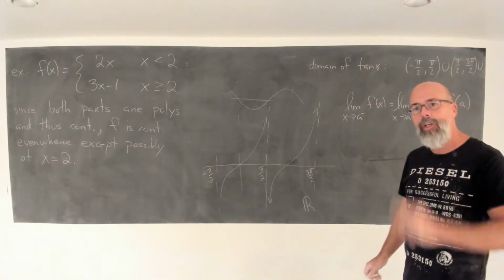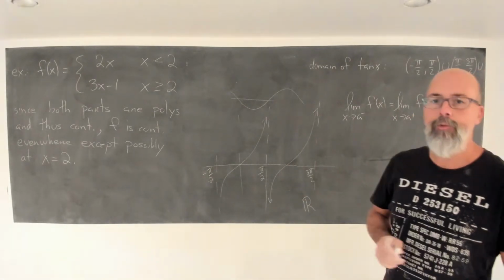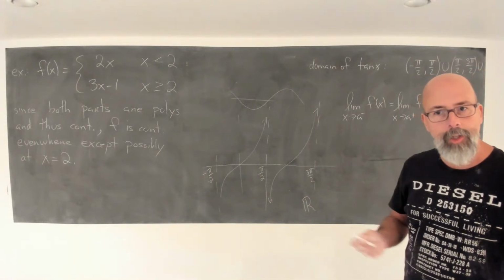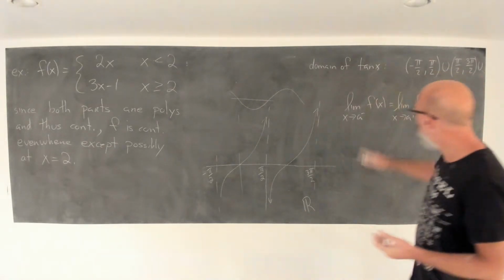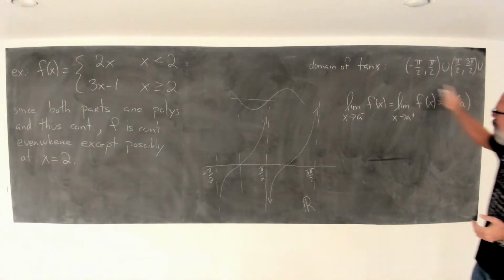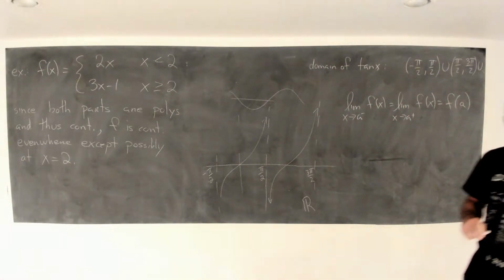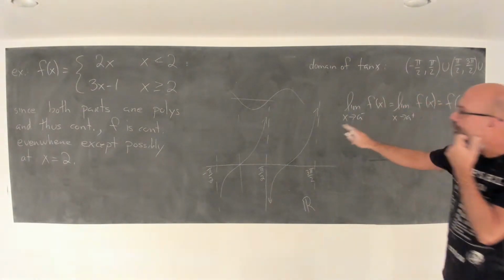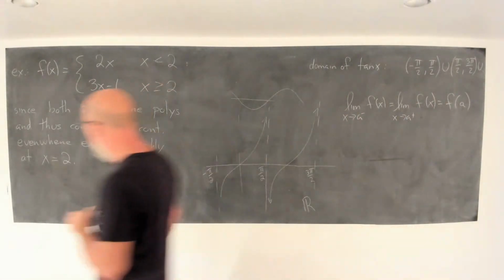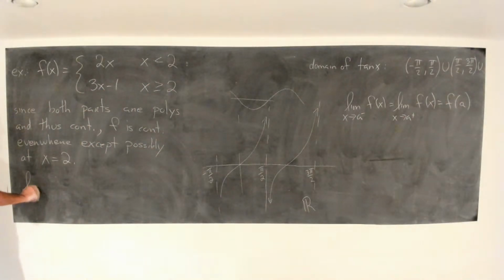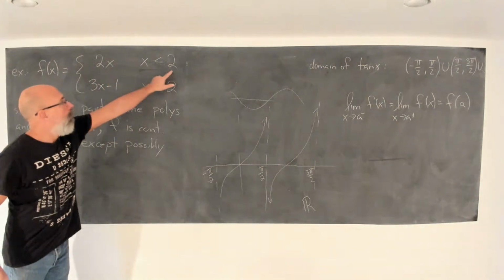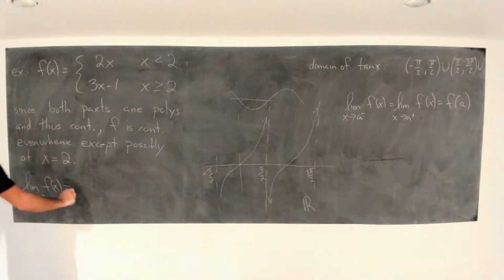The only place we need to worry about is at x equals 2. So now let's worry about that. What do we need to do? We need to check that this condition is met when x is equal to 2, or when a is equal to 2. So let's check. What is the limit as x goes to 2 from the left of the function f? For values less than 2, your function is 2x.